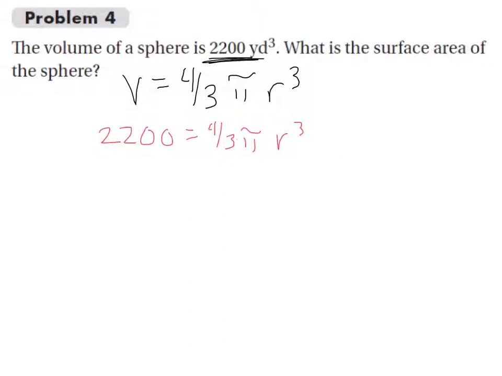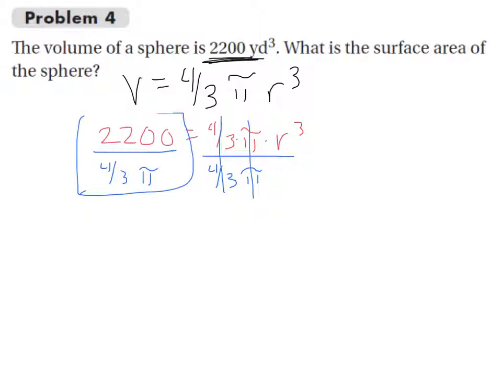Since these are being multiplied, again, I have to divide. So I'm going to divide by 4/3, and I'm going to divide by pi on both sides of my equation, because these two will cancel and these two will cancel. So you have to be careful when you put this in your calculator. You have to be very careful to make sure you get the right answer. And I get roughly about 525 is equal to r cubed.